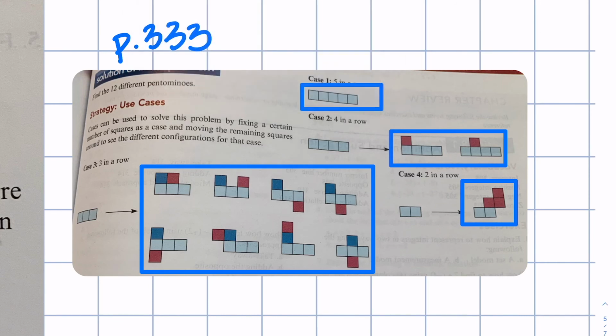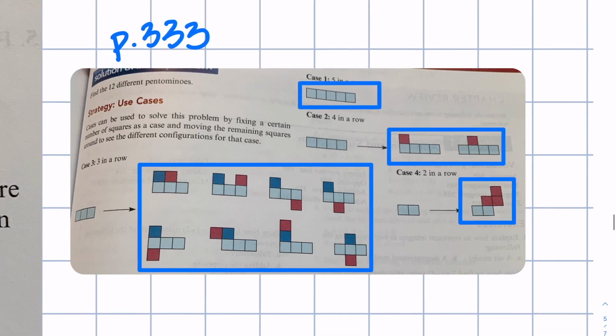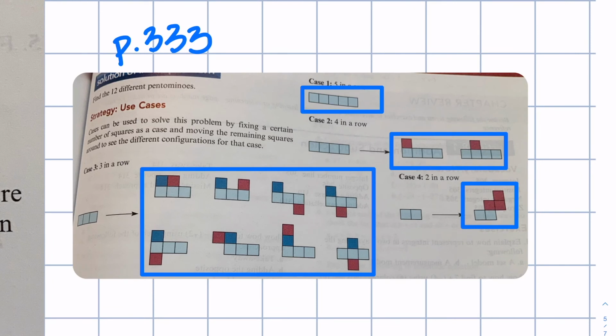Let's see here. I don't think the first one does, but I do think the second one does. It looks like it has one reflection symmetry along this line. The third one, I don't think it does, but it looks like it should.